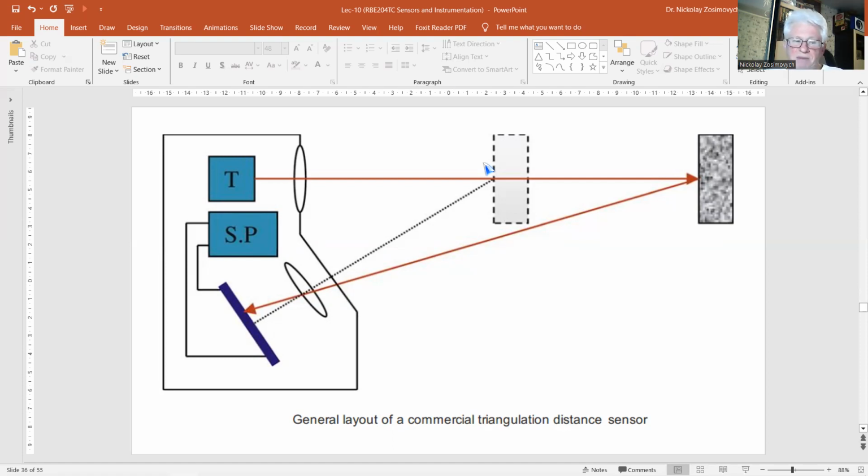The total device measures 7 times 7 times 3 millimeters, so small. And obviously the measurement range is small too, about 1 millimeter. However, the repeatability error is less than 3 micrometers.